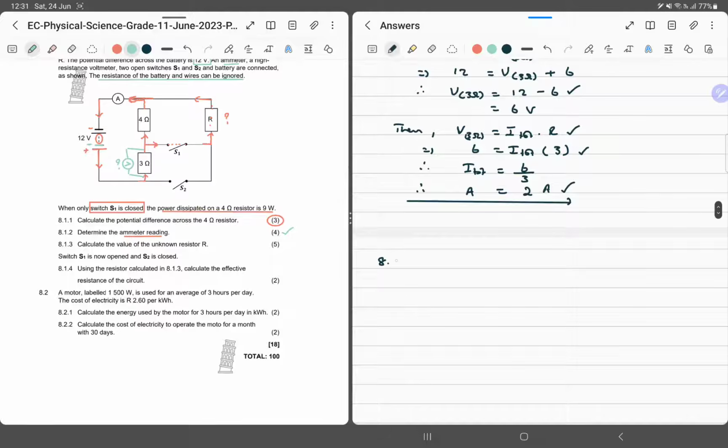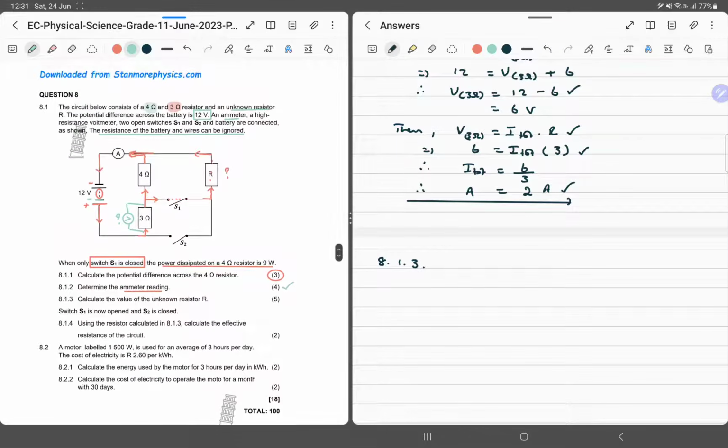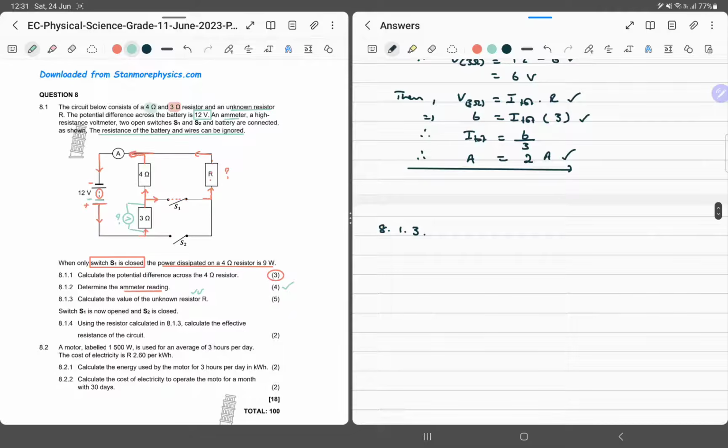So we've got 8.1.3. It says now let's calculate the value of the unknown resistor. This is easy. We can use the total voltage. V total is going to be I total times the total resistance.